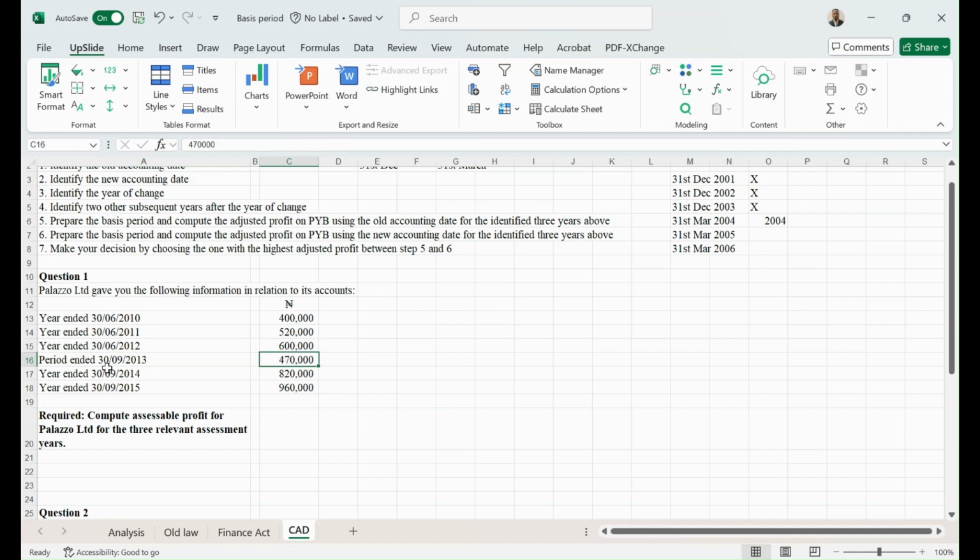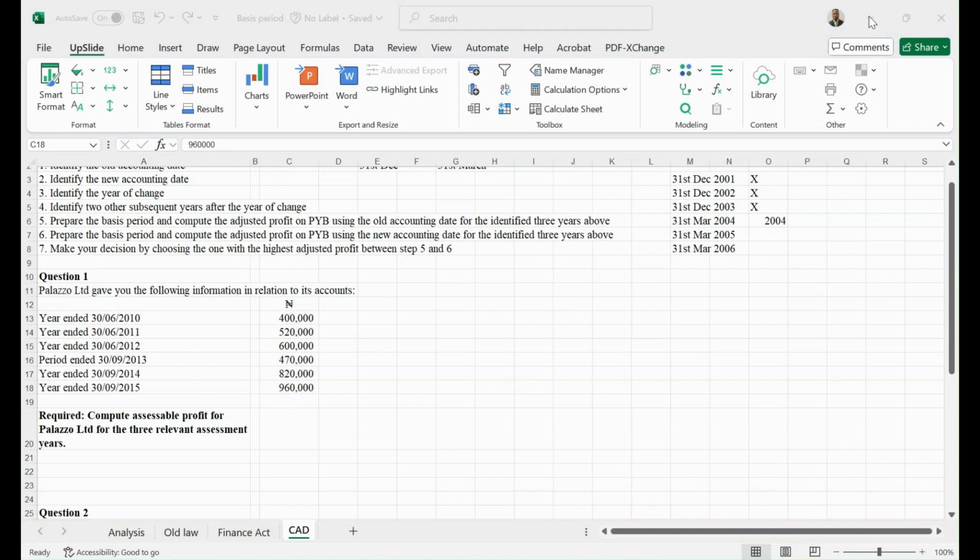It appears the company has now changed its accounting date between these two. Then year ended September 2014, 820,000. Year ended September 2015, 960,000. The company has now decided to be using September. All right, required: compute assessable profits for the relevant years of assessment.